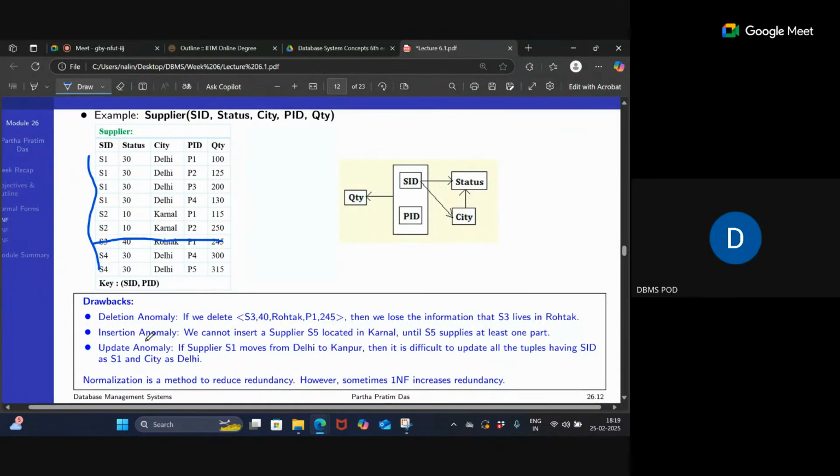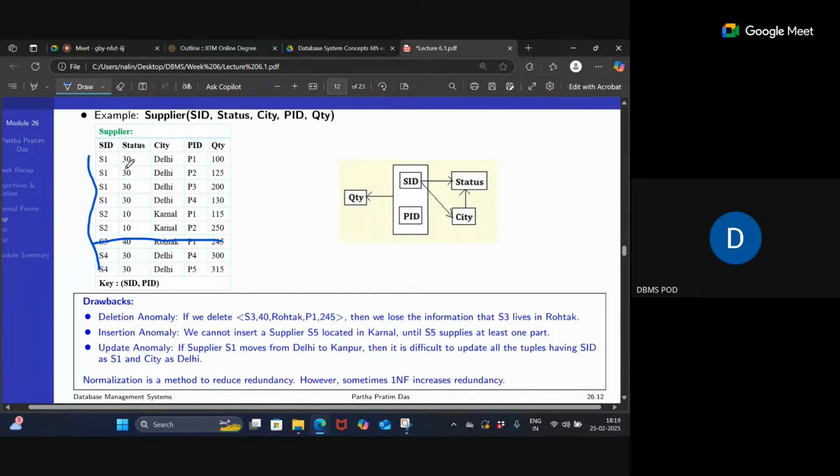The drawback of 1NF is that it also has insertion anomaly. We cannot insert a supplier S5 located in Kernel until S5 supplies at least one part. So we cannot record any supplier information if he has not supplied any part. Update anomalies: if supplier S1 moves from Delhi to some other place, Kanpur, then it is difficult to update all the tuples having SID as S1 and city as Delhi.